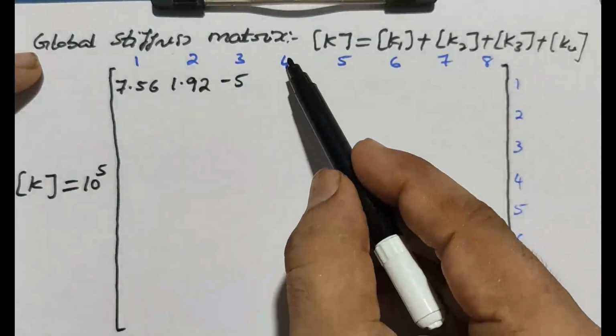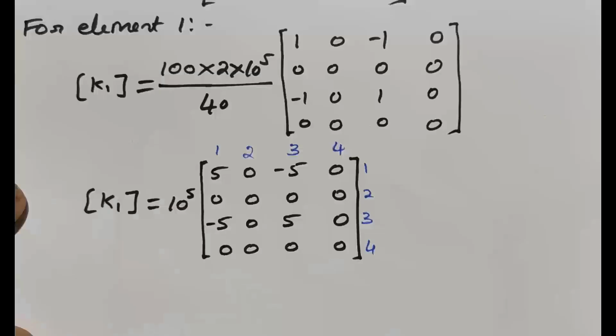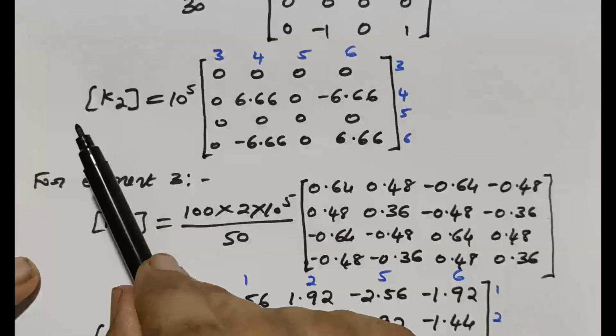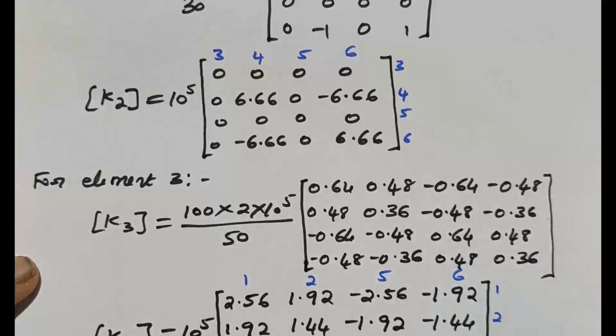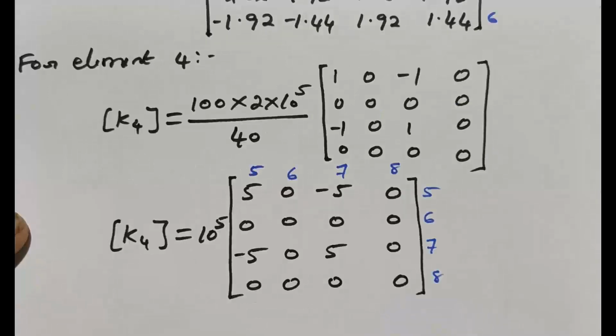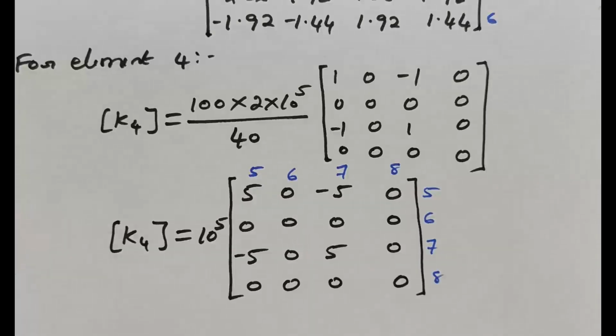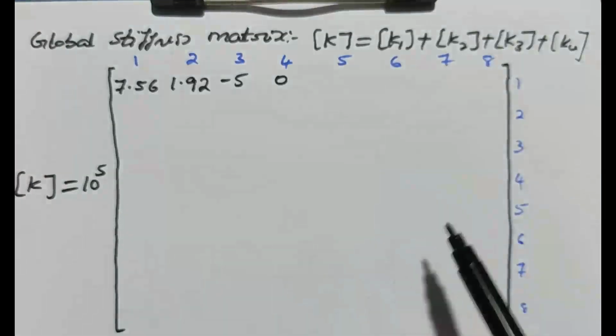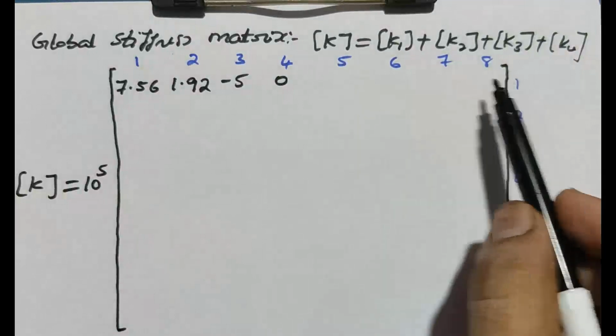Next we need element corresponding to 4 and 1. See K1, here the element corresponding to 4 and 1 is 0. In K2, K3 and K4 we don't have any element corresponding to 4 and 1. Therefore the element corresponding to 4 and 1 is 0. Next we need element corresponding to 5 and 1.